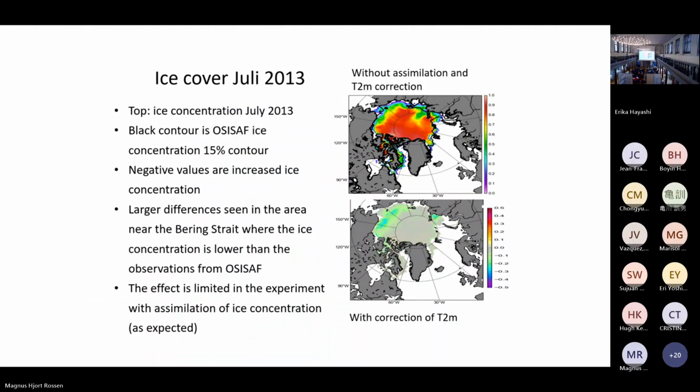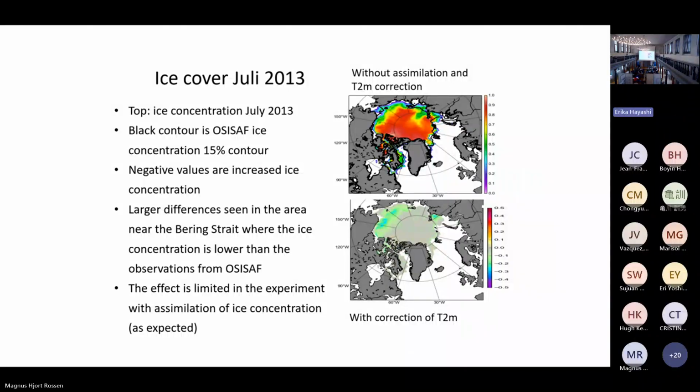Yeah. Then I start to look at the ice cover in July. I'm only covering the ones where there's no ice concentration assimilation, because that would sort of imply that it's constant. So these are 2 runs with a correction of the 2-meter temperature and the difference.